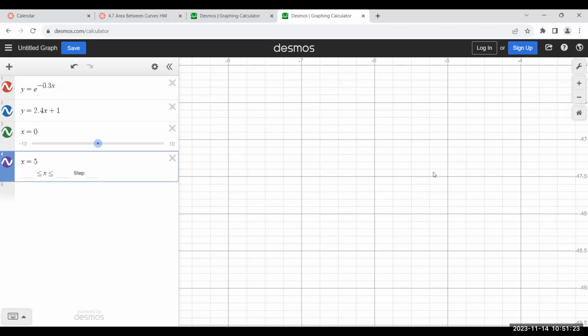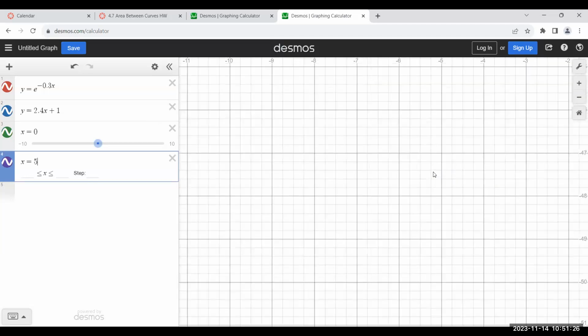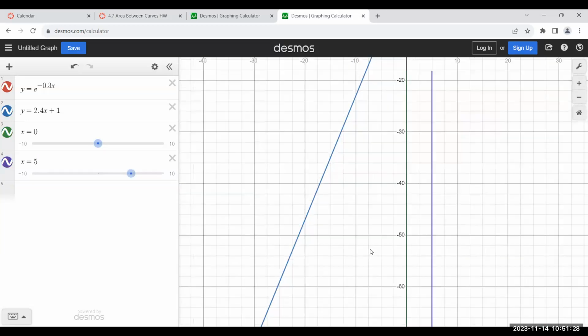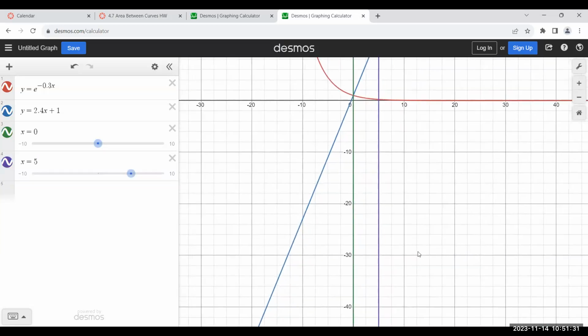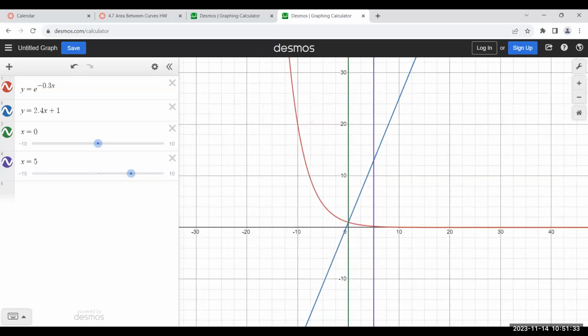And let's look at the picture that we have. Okay, so x equals 0, that's the green vertical line. x equals 5, that's the purple vertical line. And then it looks like the area that we're trying to find, the area enclosed by that region, is right in here.